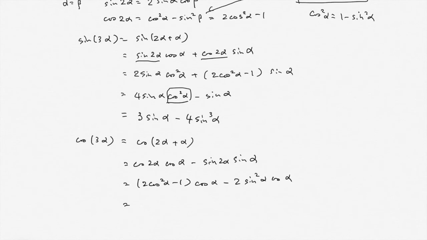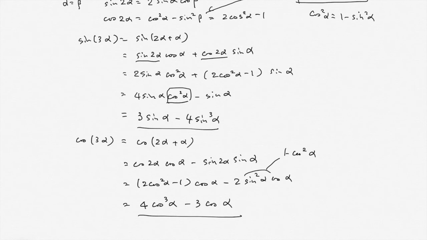Then you can express sine square alpha as 1 minus cosine square alpha. Then it becomes 4 cosine cube alpha minus 3 cosine alpha. So this is the triple angle formula for the cosine. And for the sine, we obtain very similar equations.